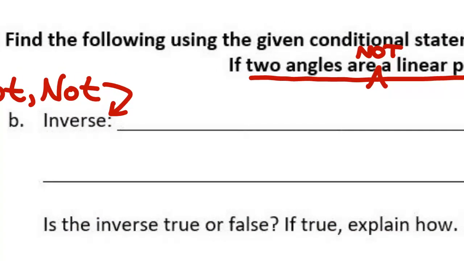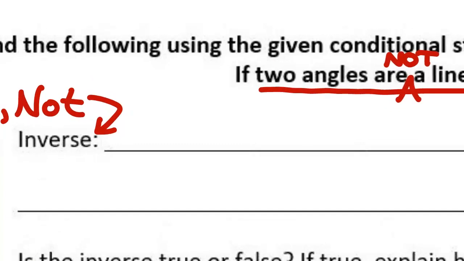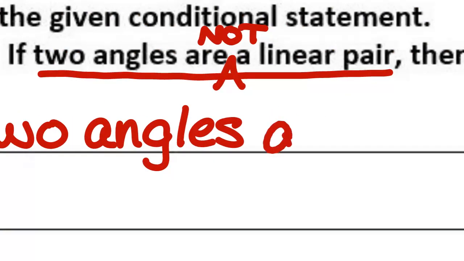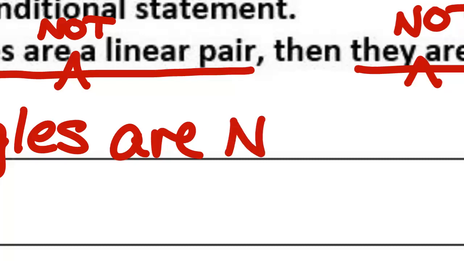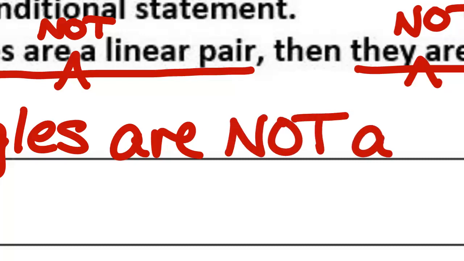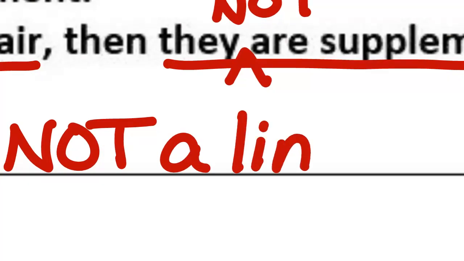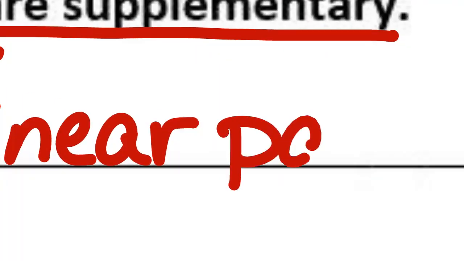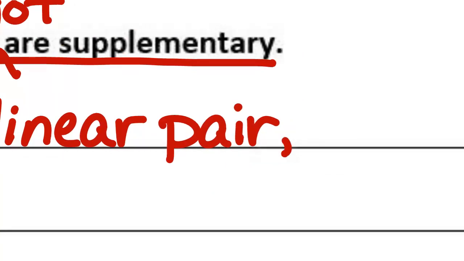Everything else about the order of my original conditional statement stays exactly the same. So my statement would become, if two angles are not a linear pair, then they are not supplementary.